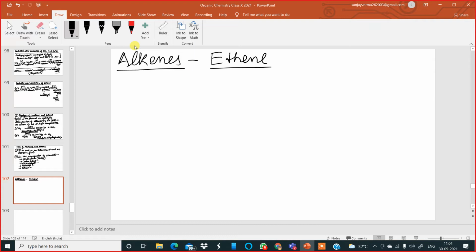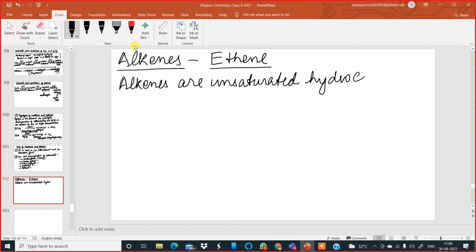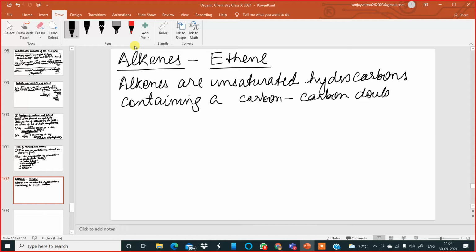Please note that alkenes are unsaturated hydrocarbons containing a carbon-carbon double bond.